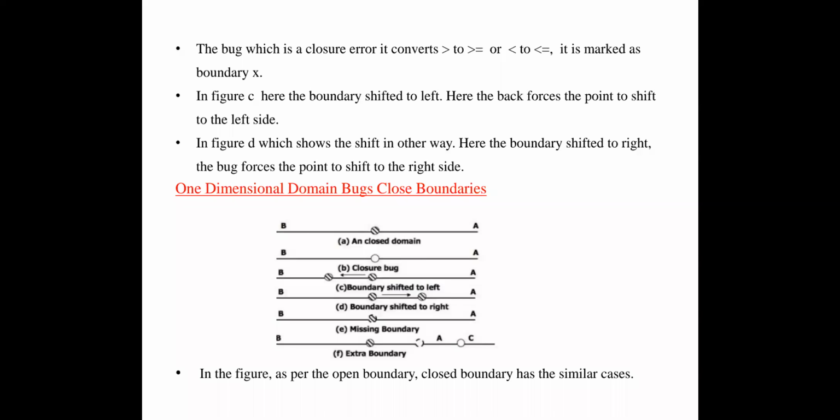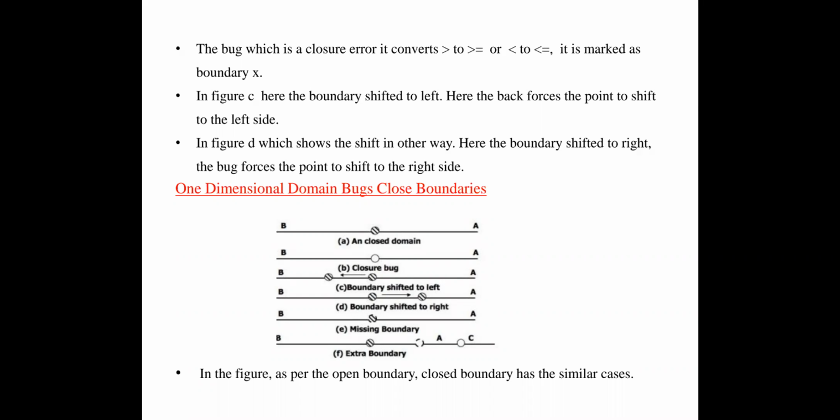By using these equations, we will represent the closure. Okay, so it is marked as boundary X. If in the expression, for example, in the place of greater than you have taken less than, the closure will be changed. It will be represented in another position. That is called an error.